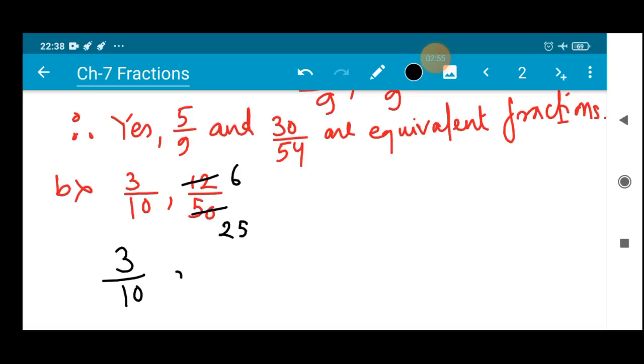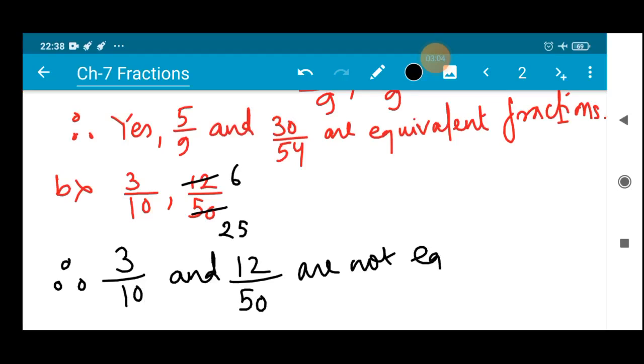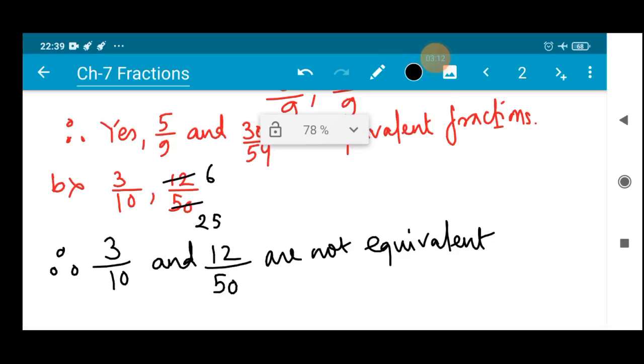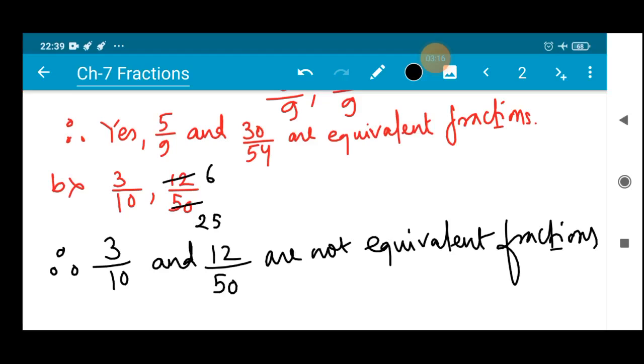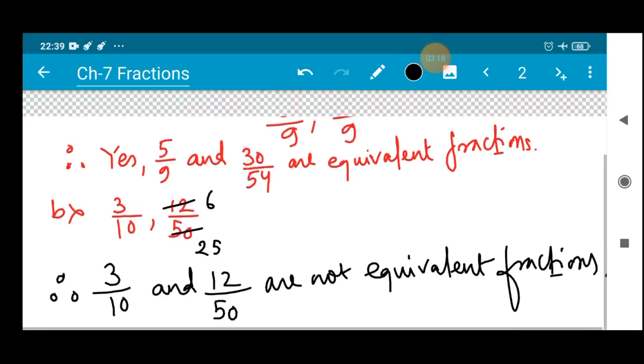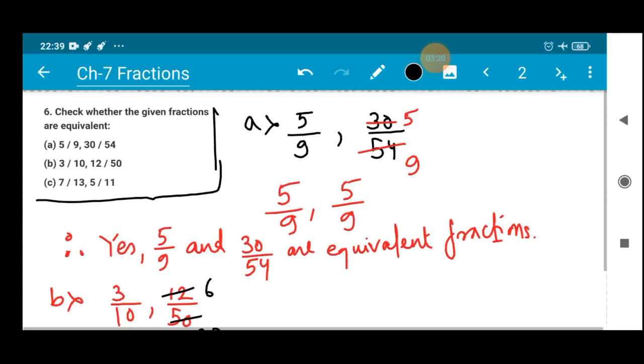So 3 by 10 and 12 by 50 are not equivalent fractions, because after reducing it we are not getting 3 by 10 or 6 by 25 in both cases. The sums are very easy. Just use your little knowledge and concept to solve this.